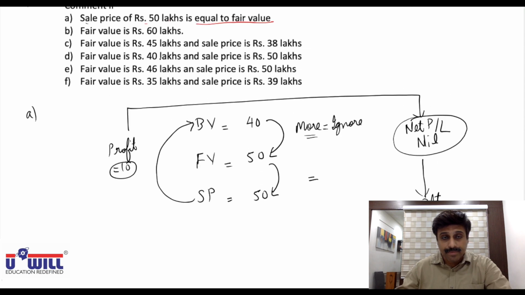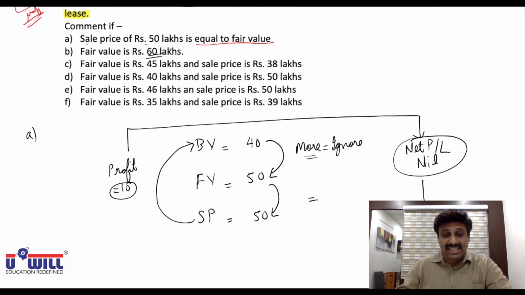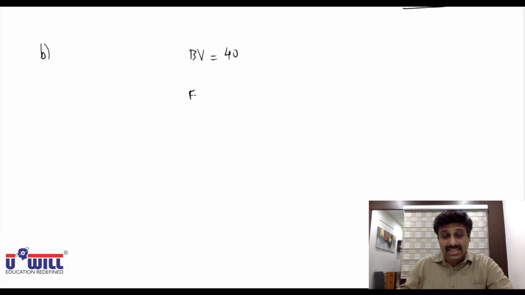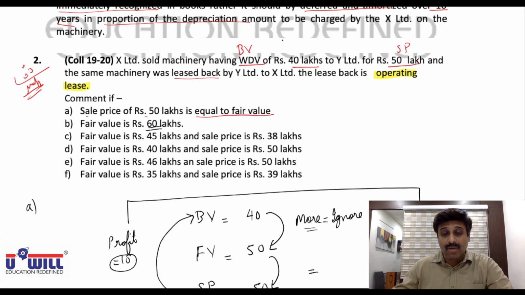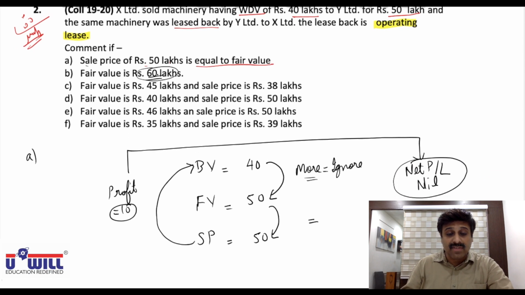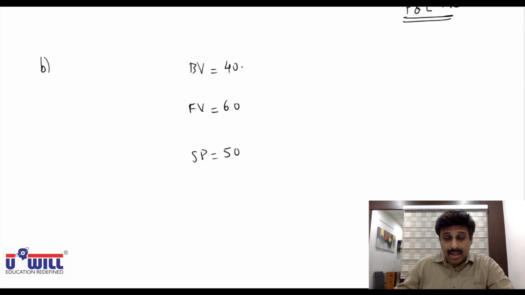B. Now fair value is 60 lakhs. Book value is 40 lakhs, fair value is 60 lakhs, and selling price is 50 lakhs, given at the top of the question. In the second situation, fair value is 60 lakhs. Now compare this.